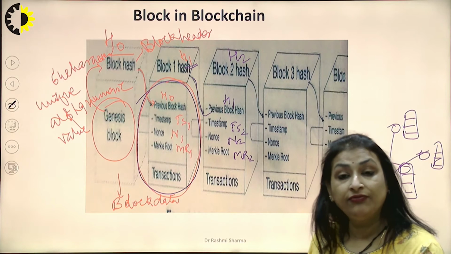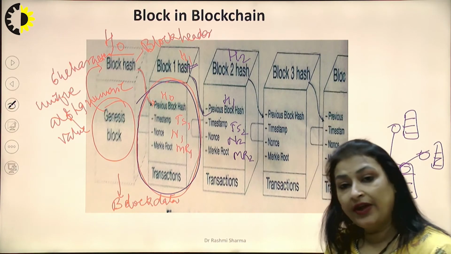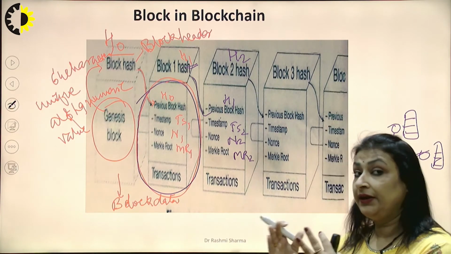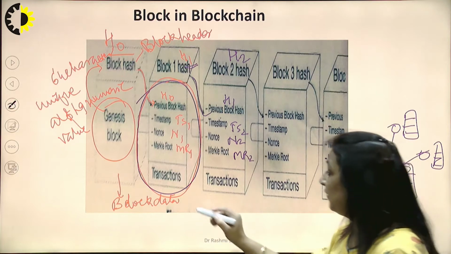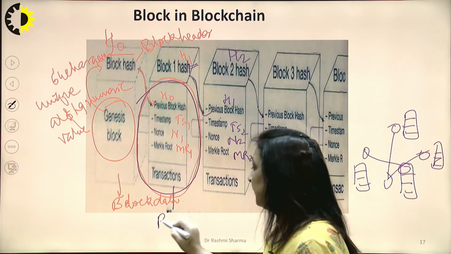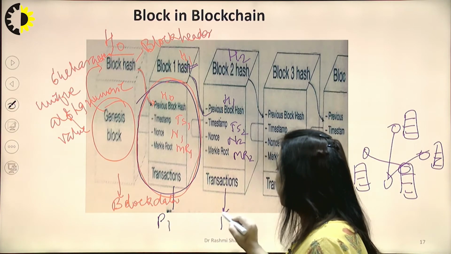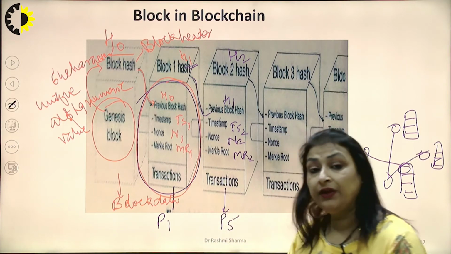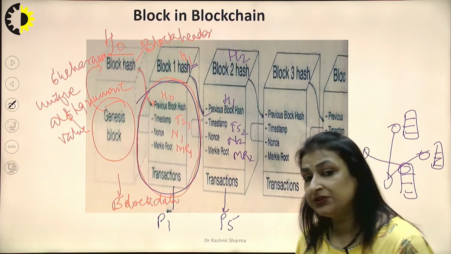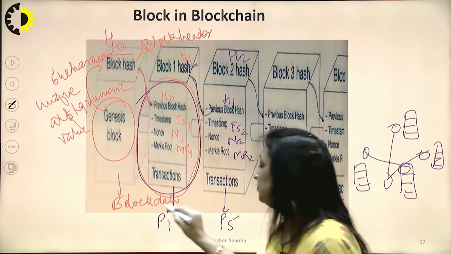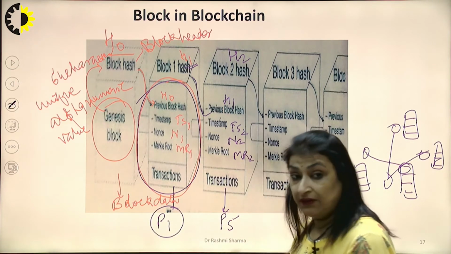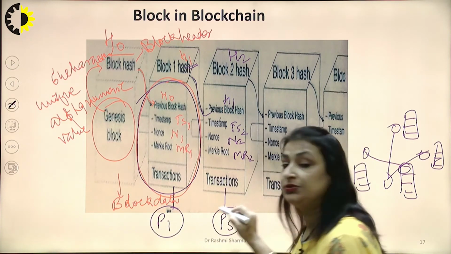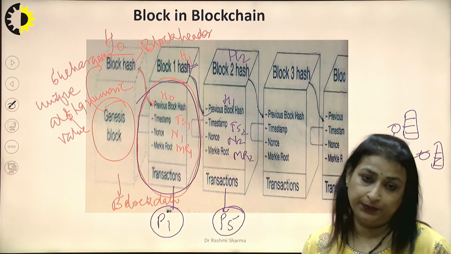Because we can randomly select our hash functions, it can differ from person to person. If this hash was generated by person P1 and this one is generated by P5, there would definitely be a difference between the hash functions used by P1 and the hash functions used by P5.